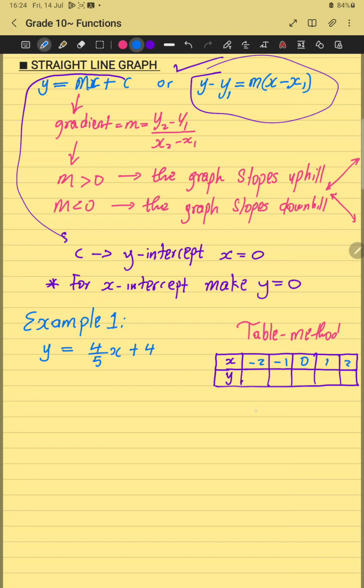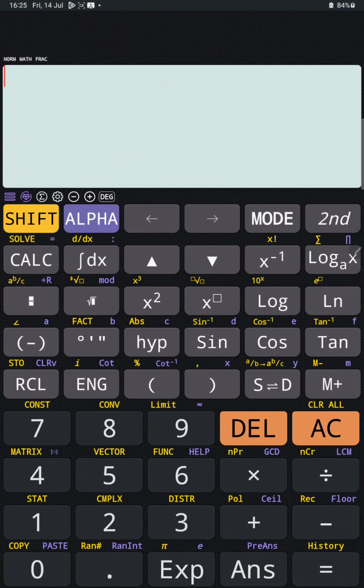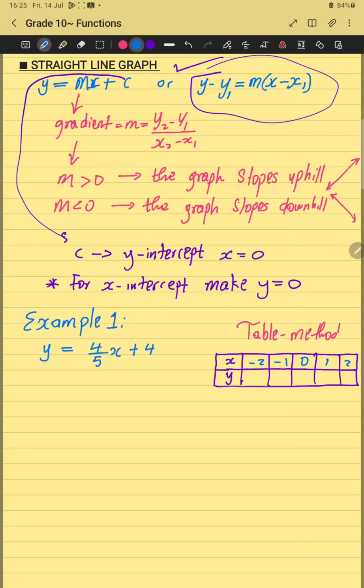Then how do you fill in these values here, that is the values of y? So what we're going to do here is use this equation here, so let's use our calculator. To get the value of y, that is the first part, let me just go here. I just want to show you a little bit before I press the calculator.